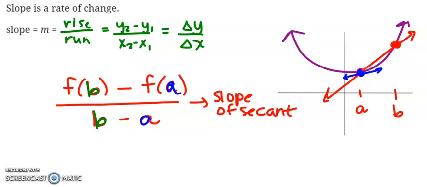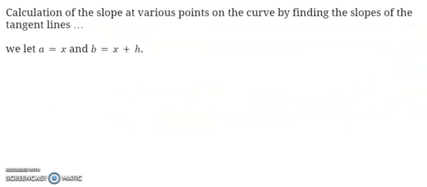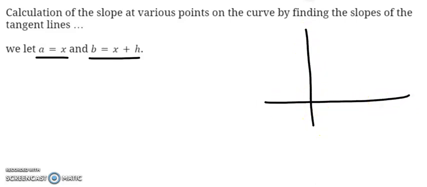So slope is a rate of change, but how do we move from the slope of the secant line to instead be that perfect blue tangent line slope? Well, we're going to look at that by letting our A be equal to x and B be equal to x plus h. So let's go ahead and set up our picture. And I had that purple curve.